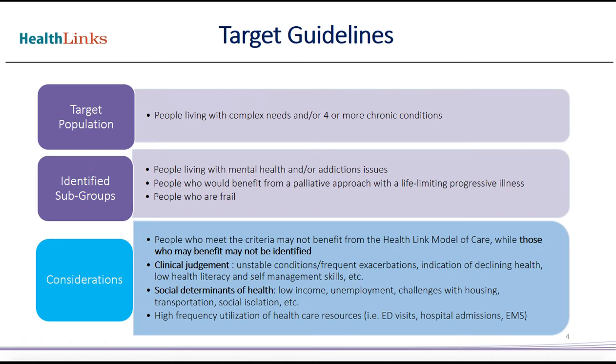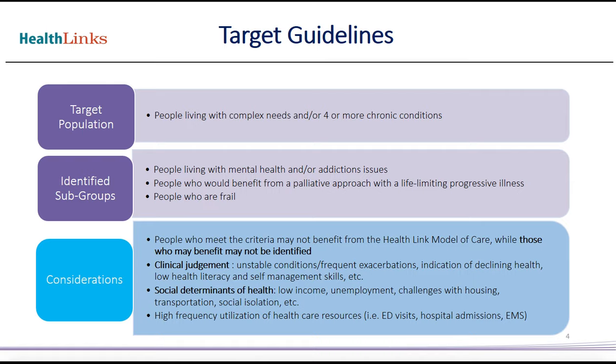So we'll quickly review the target population of individuals that would likely benefit from our coordinated care plan. Historically, the target population followed more of a medical model with strict criteria in order to be considered a HealthLinks client. But the goal includes moving away from a reactive approach and targeting individuals where they are at their absolute worst to a more proactive approach where agencies and frontline staff are able to target individuals more upstream.